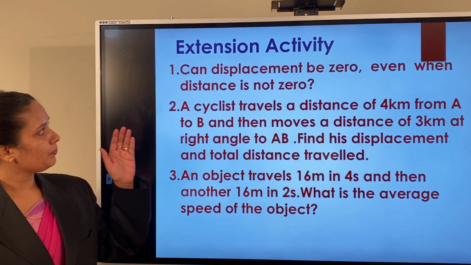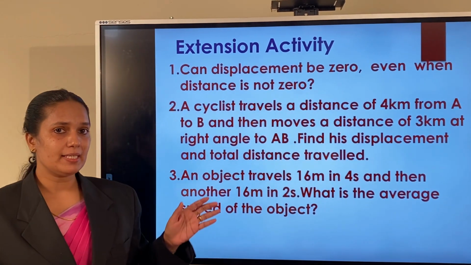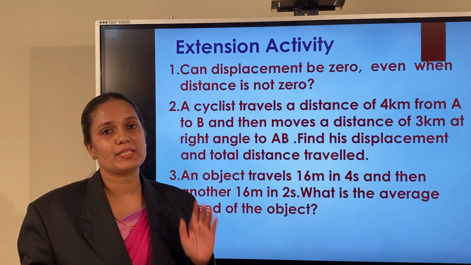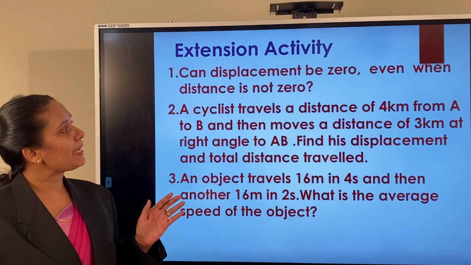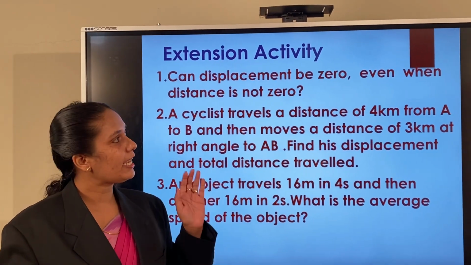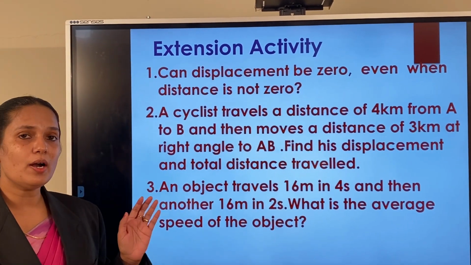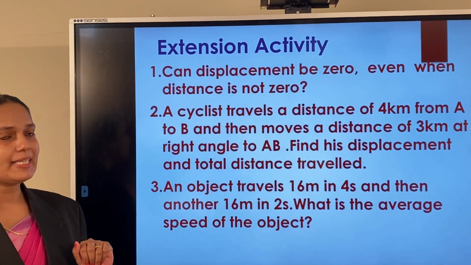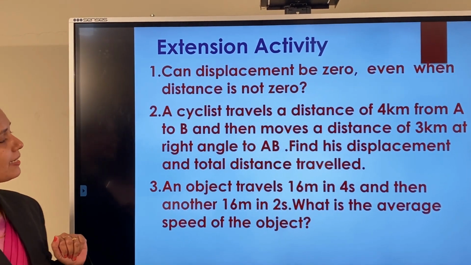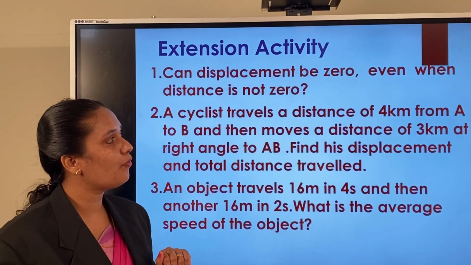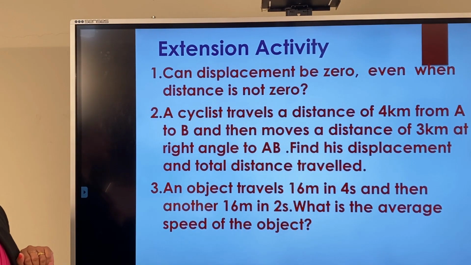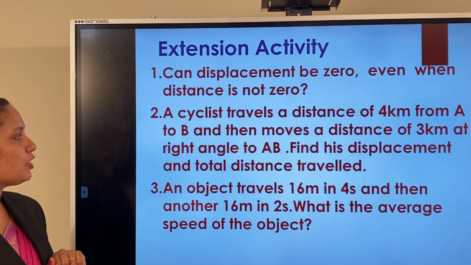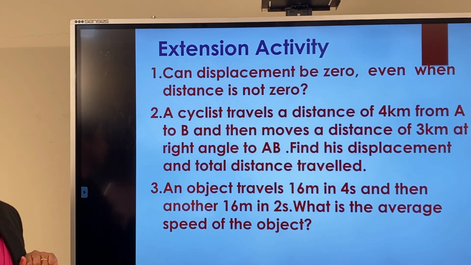So here you have some questions for practice. So please do it in your physics notebook. So first question is, can displacement be zero even when distance is not zero? Then second question, a cyclist travels a distance of 4 km from A to B and then moves a distance of 3 km at right angle to AB.